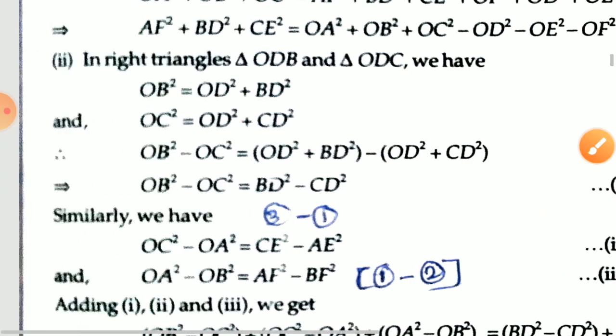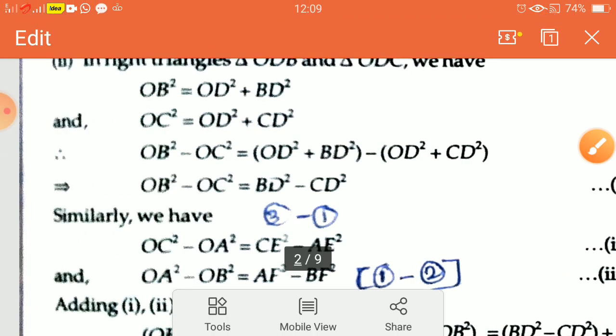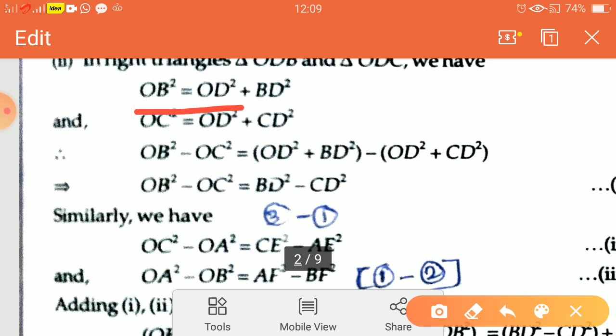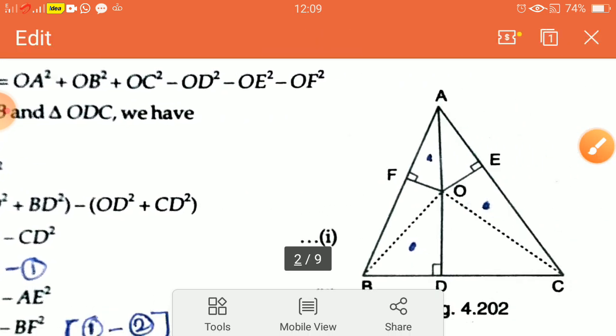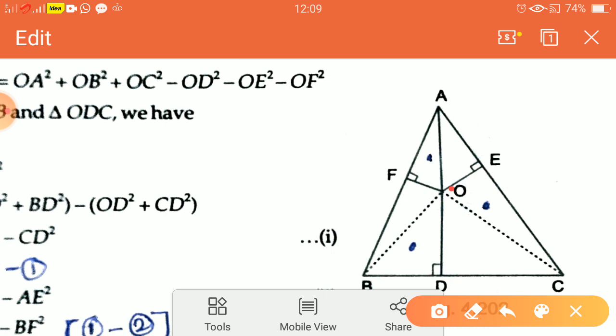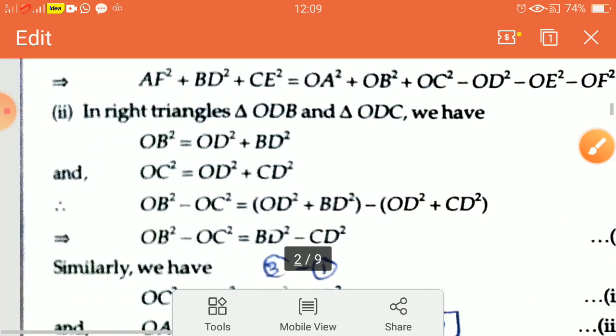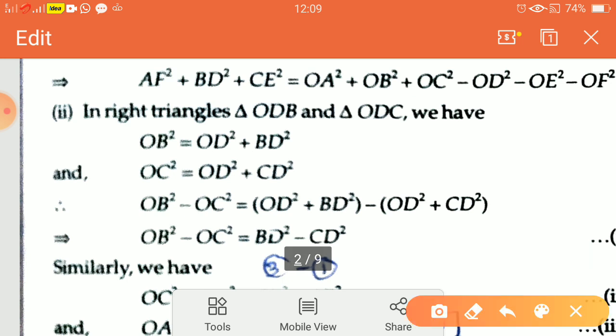Then in triangle ODC, we get OC square is equal to OD square plus DC square. So here we will get OC square is equal to OD square plus CD square.